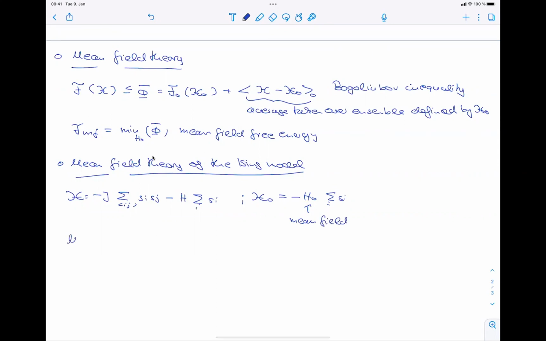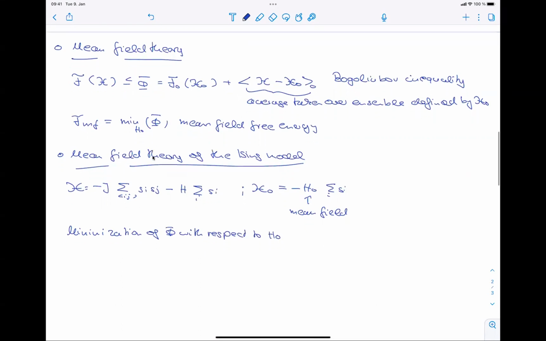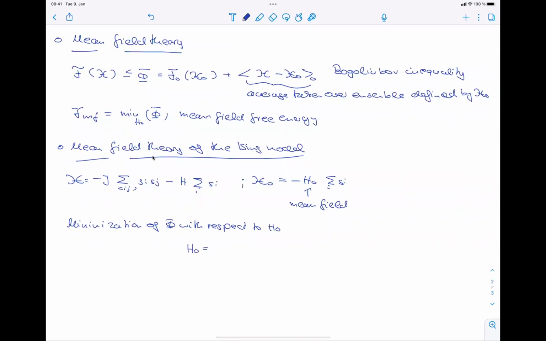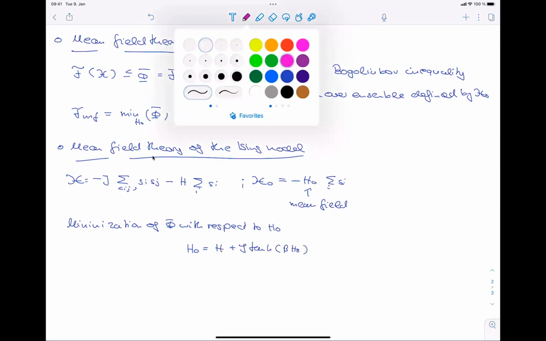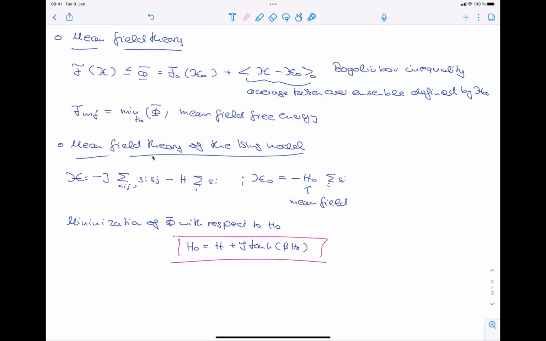And so minimization of phi with respect to H naught leads to the expression H naught equals H plus J tanh of beta H naught, which is the defining equation for the mean field, although in an implicit form, not explicit form.